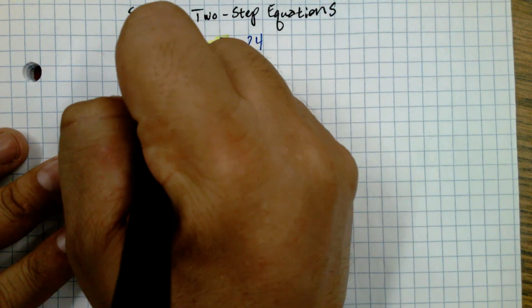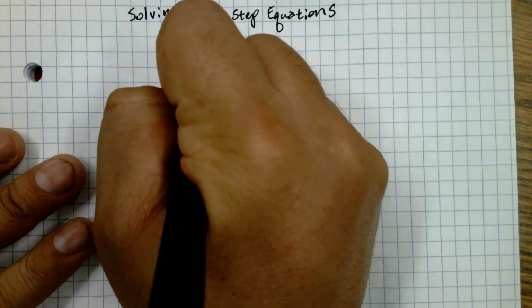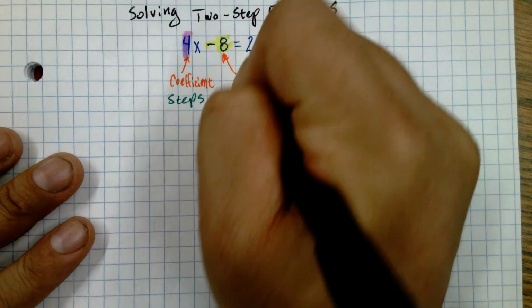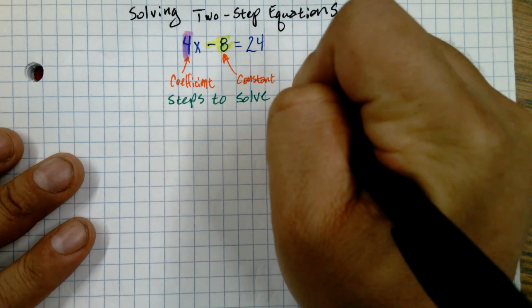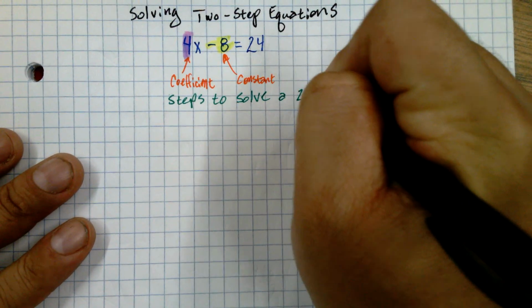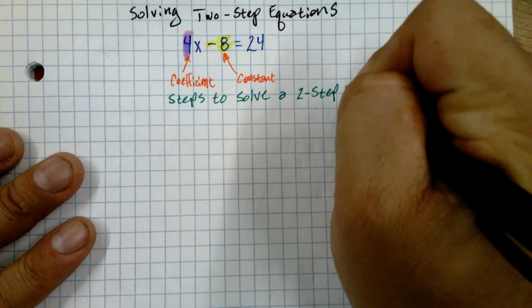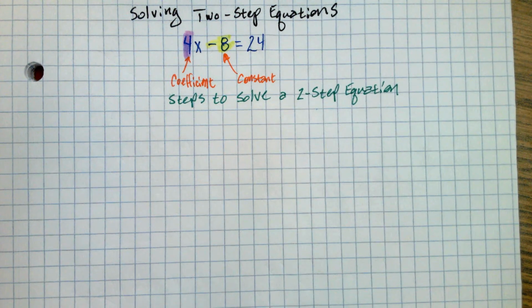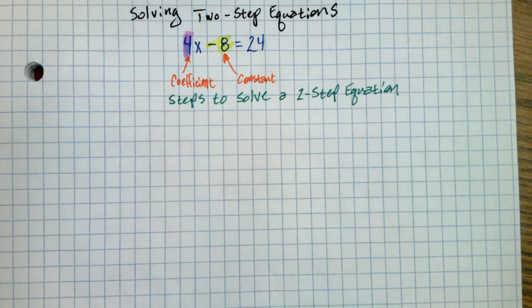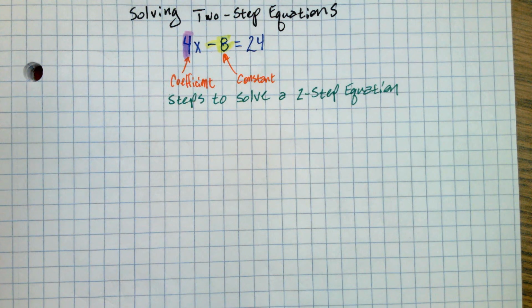Let's say steps to solve a two-step equation. Now, there's another type of two-step equations that come up from time to time, not as often, and we'll deal with those tomorrow.